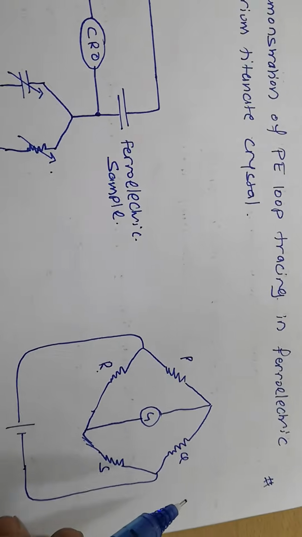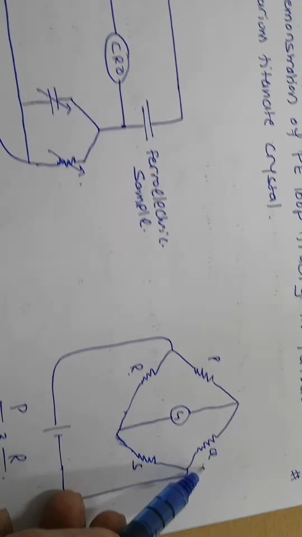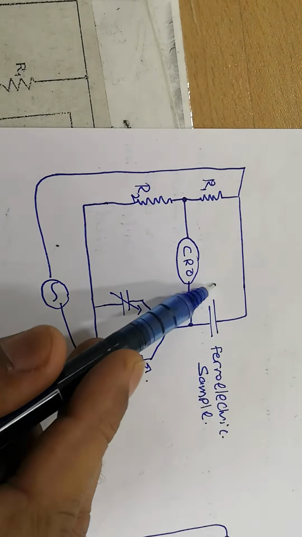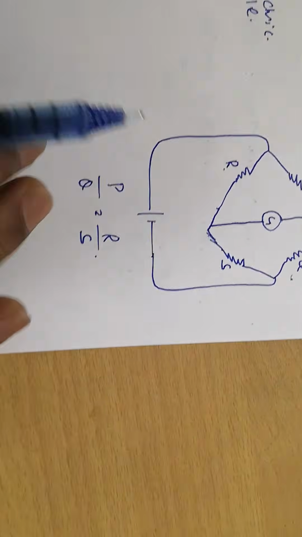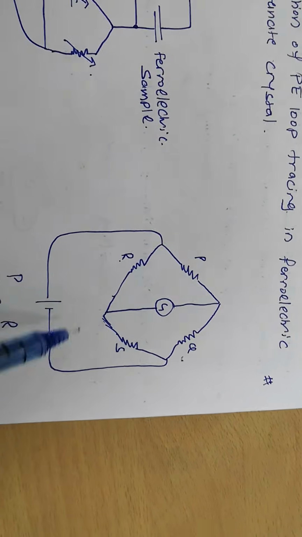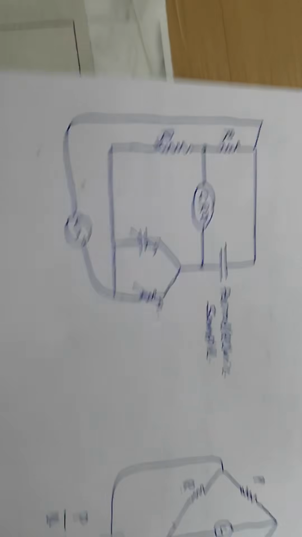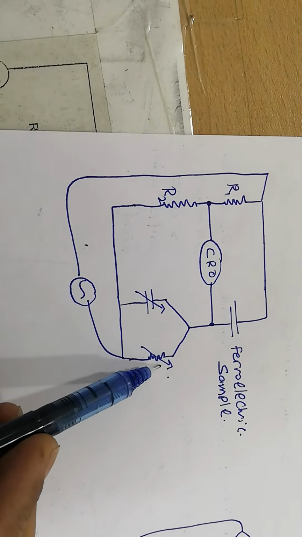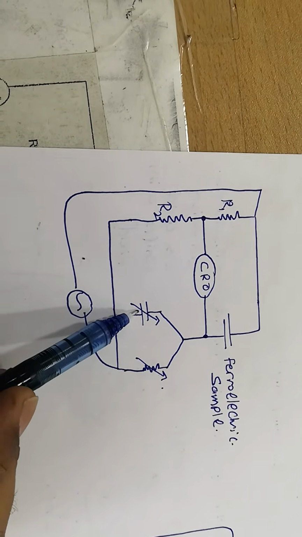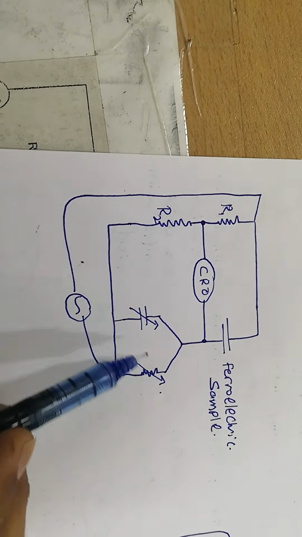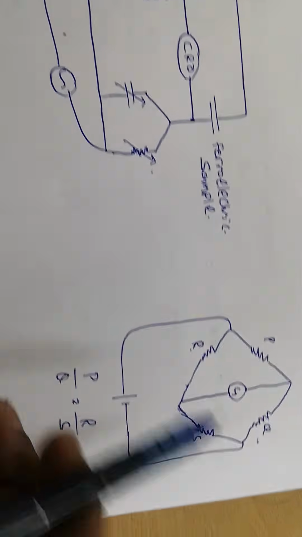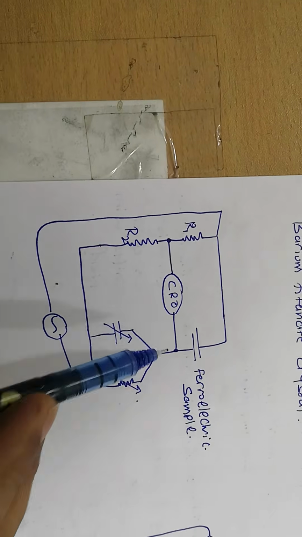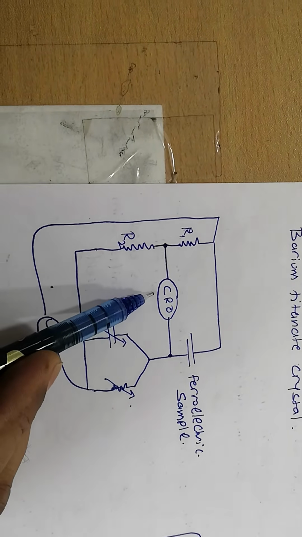So like here we have Q in the Sawyer-Tower circuit, in that case we have our ferroelectric sample, and in the fourth arm where it is S resistance, we have capacitance and resistor, right? And here we adjust the value of capacitance and resistance according to our sample. So here it is a galvanometer, and in our Sawyer-Tower circuit we have a CRO, right?